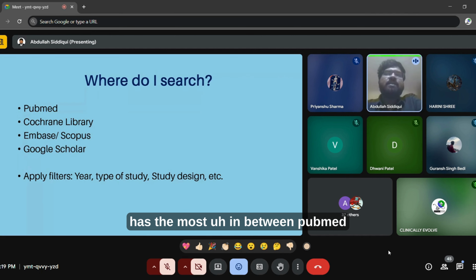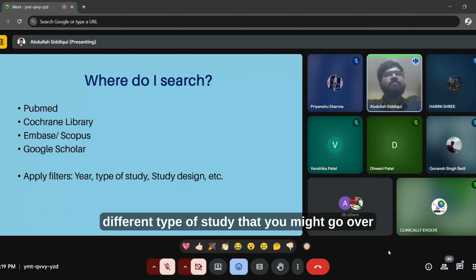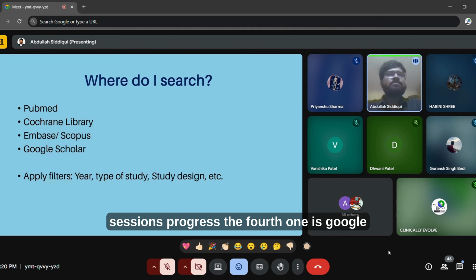PubMed usually has the most number of studies between PubMed, Cochrane, and Embase. Cochrane only has systematic reviews, which is a different type of study that you might go over as the sessions progress. The fourth one is Google Scholar. It is also a free resource, but it does not have any indexing.